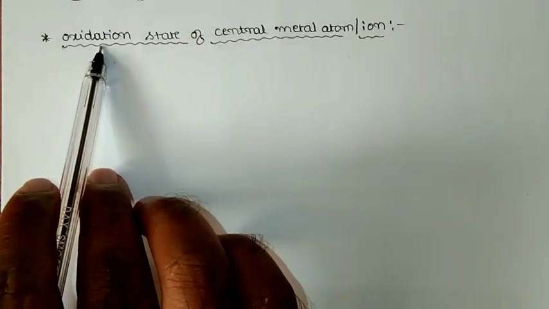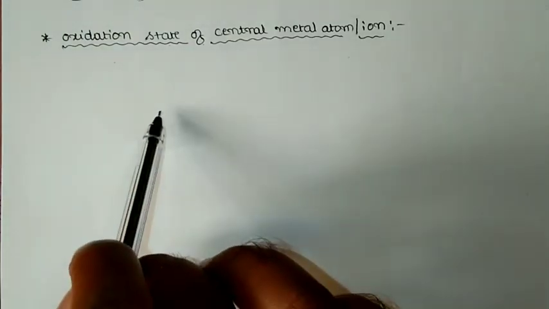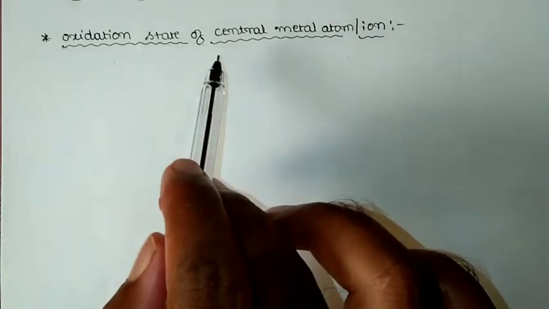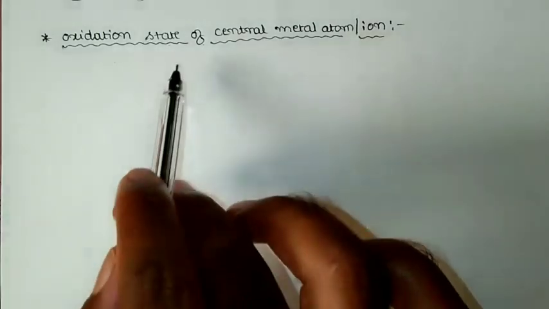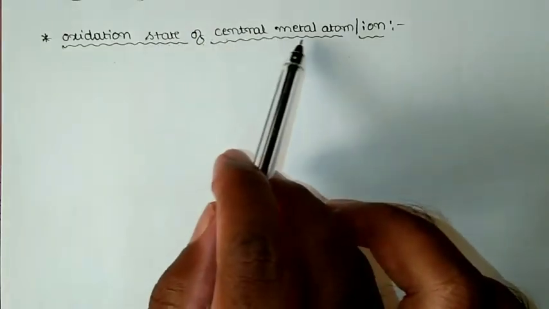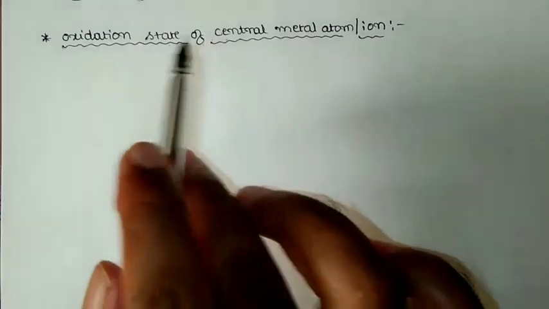Next is determination of the oxidation state of the central metal atom or ion. In order to give a proper name for a given coordination compound, it is very important to know the exact oxidation state of the central metal atom or ion present in the complex.